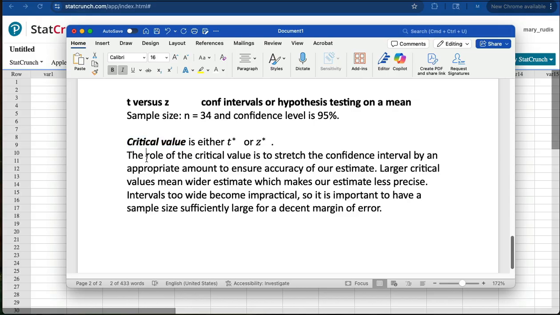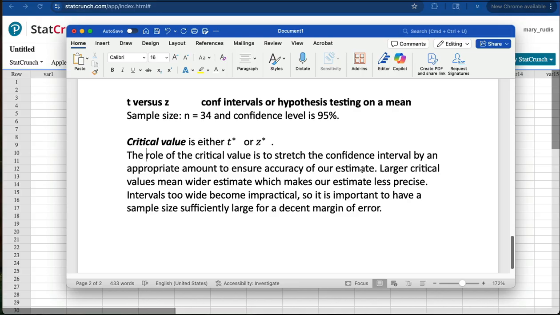And just to remind everybody, the role of the critical value is to stretch the confidence interval by an appropriate amount to ensure accuracy of our estimate. In other words, if you recall, if our confidence level is 95%, then the probability of a type 1 error is 5%, which means the probability that the true mean is outside of our interval is going to be 5%.